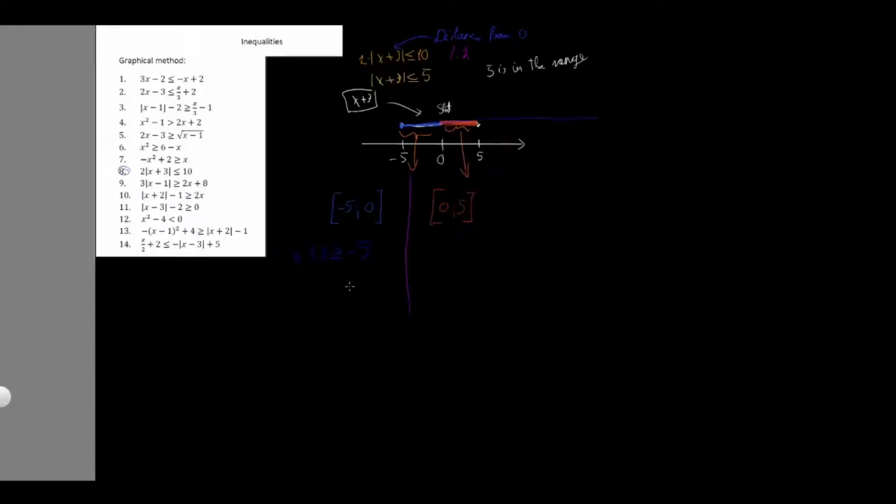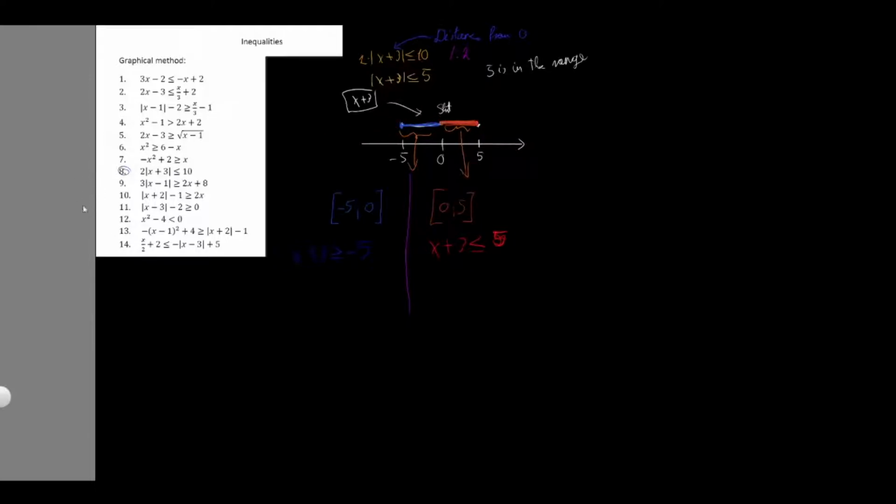And on the other side, we have x plus 3 is less than or equal to positive 5, right? Because it goes from here to there. Basic stuff.